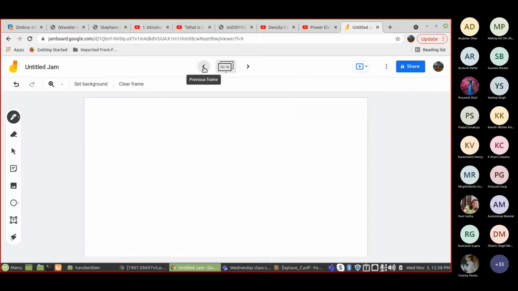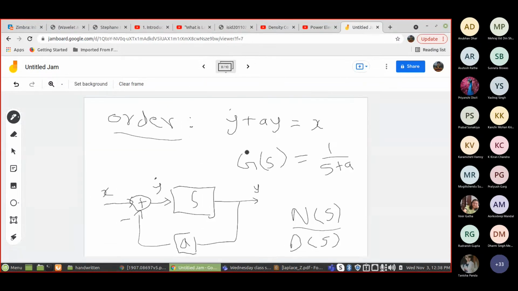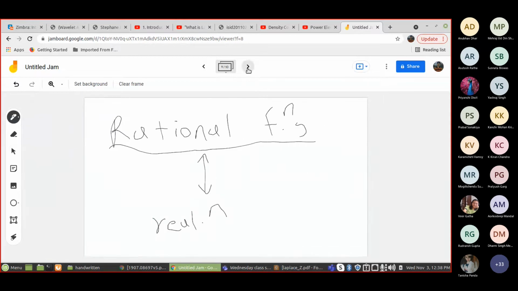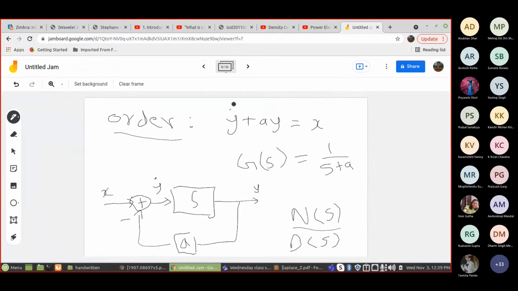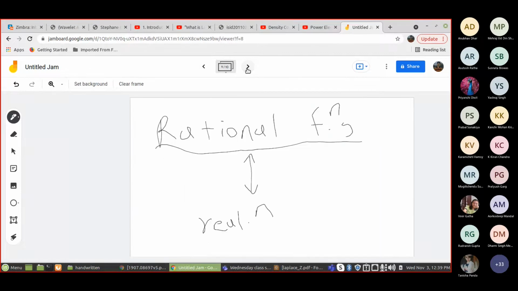Let us look at one more thing. Let's look at the realization of, for example, s plus 1 over s plus 2. We saw s plus a, right? So let's take a to be equal to 2.